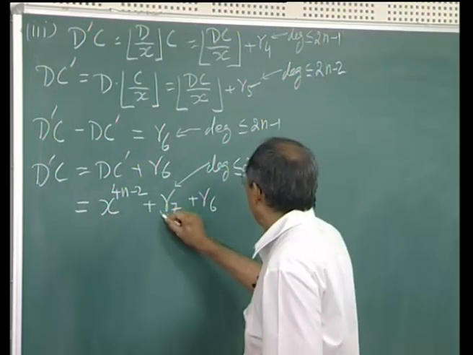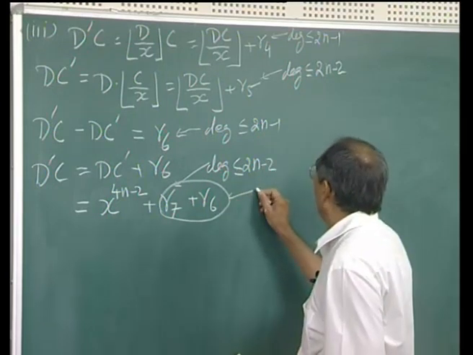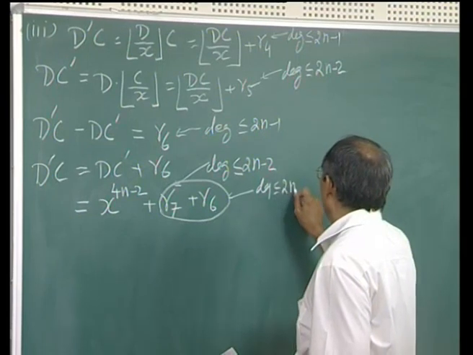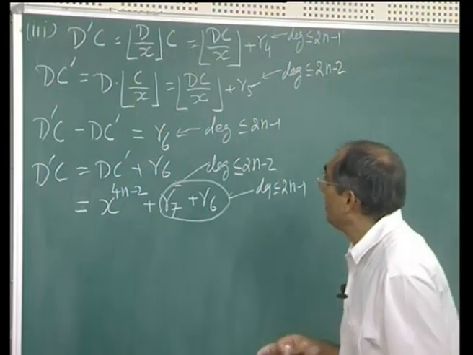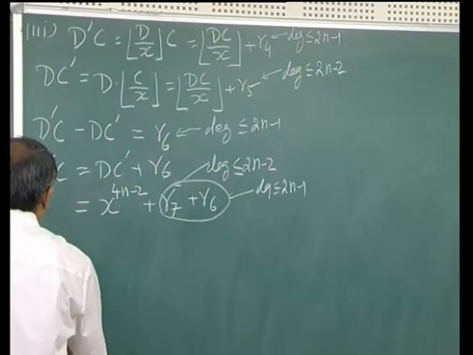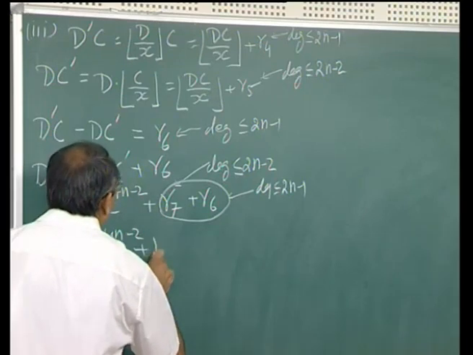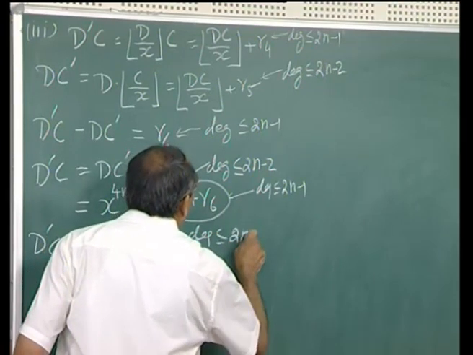So, together this has degree less than or equal to 2n minus 1, because there is R6 here. So, putting together I have expression for D prime C, which is x to the power 4n minus 2 plus R8 of maybe less than or equal to 2n minus 1.